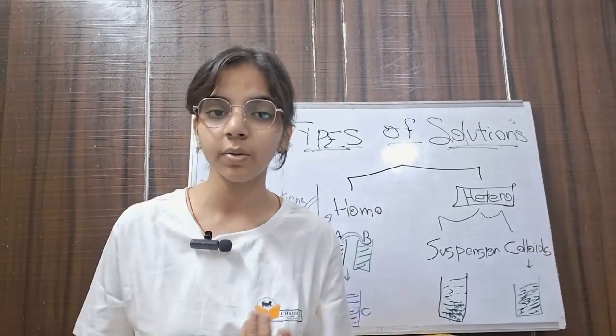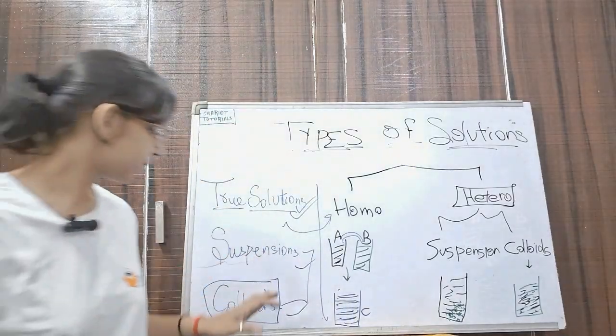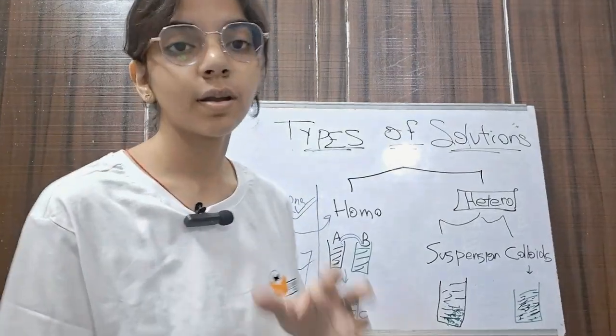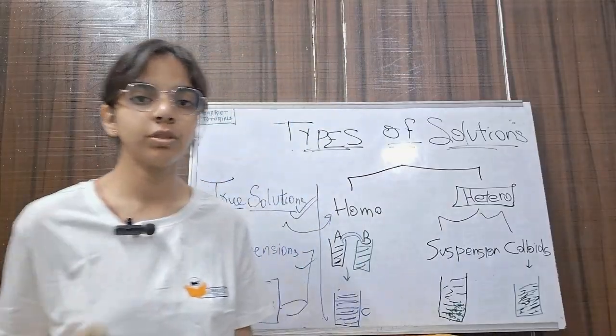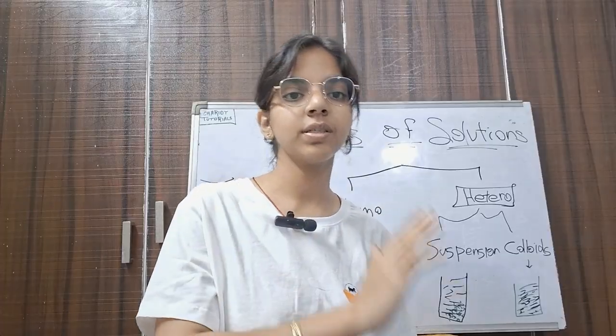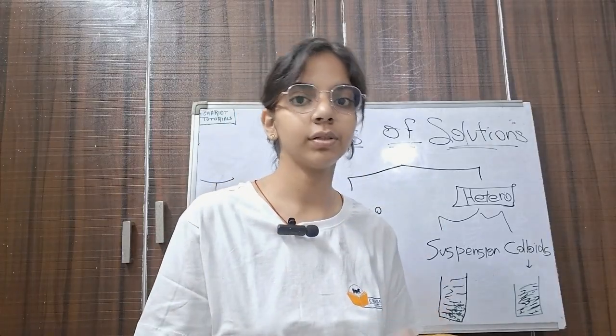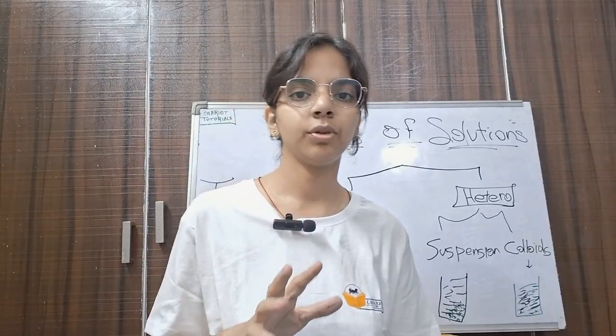Milk doesn't settle down at the bottom, it makes a colloidal solution, right? So this is the basic difference between the homogeneous and heterogeneous solution. Homogeneous are our true solution and heterogeneous are colloids and suspension. The basic difference between colloid and suspension I have told you already.